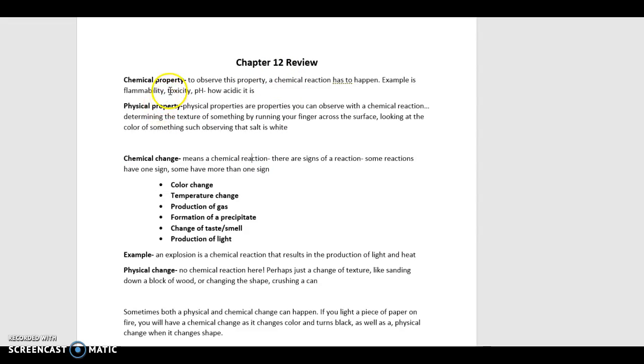Other chemical properties are toxicity, so how toxic something is. We would have to combine it with a substance to see if a chemical reaction happened. It's a bit complicated, but we could see if a substance is toxic or not through a reaction. Another chemical property is pH. This is how acidic something is. So we would take this little piece of paper and dip it in the liquid.